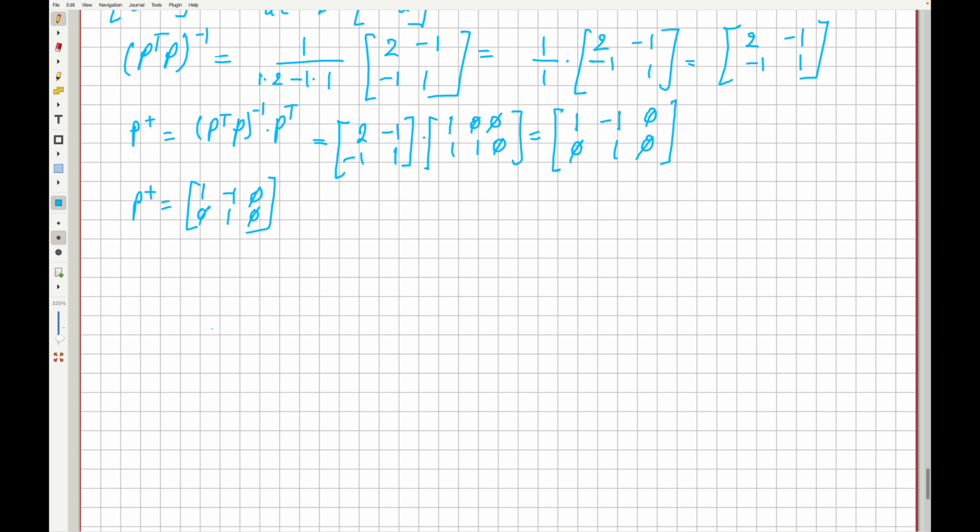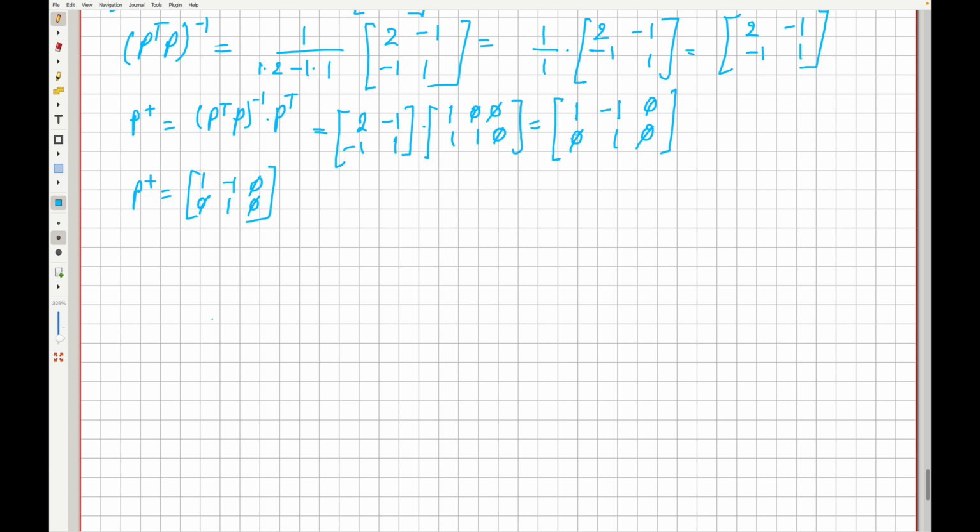Now what we can do is check if P plus P gets us an identity, and we can do that by simply doing this dot product. If we say 1 minus 1 0 0 1 0, and the P is 1 0 0 1 1 0, and if we solve this, we get 1 times 1 is 1, plus 0 plus 0, and then 1 times 1 is 1, then we have minus 1, then we have a 0, and here we have 0.